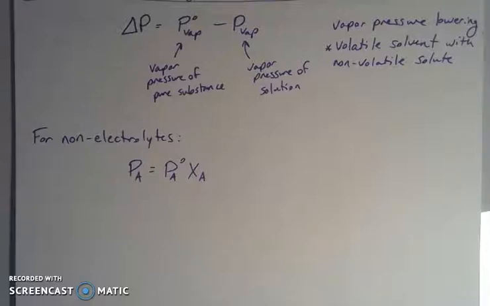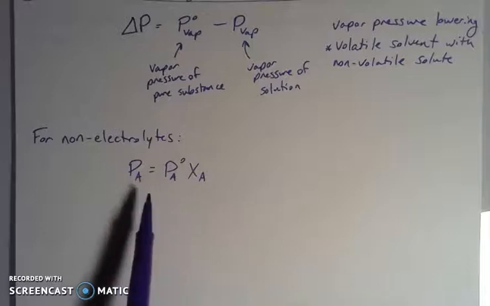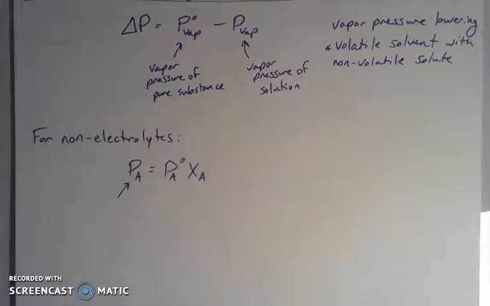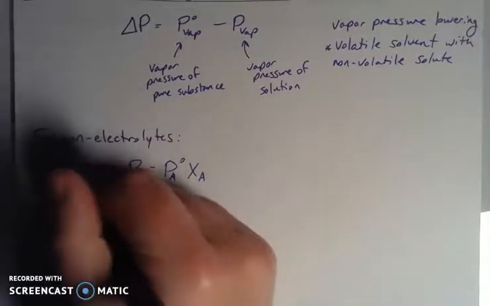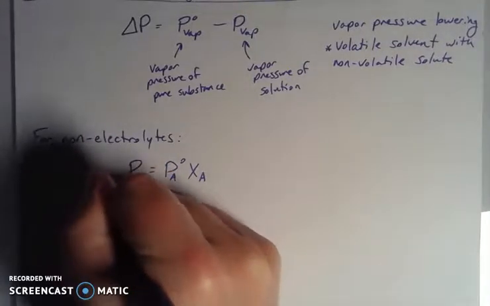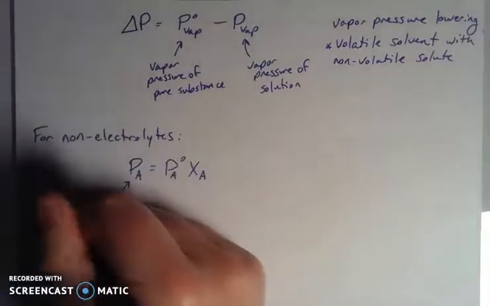Okay, so this is getting us into Raoult's law. There's this relationship between the partial pressure of a solvent, and we've talked about partial pressure of gases in past videos when we've talked about gas laws. So this is the partial pressure of the solvent in a solution.